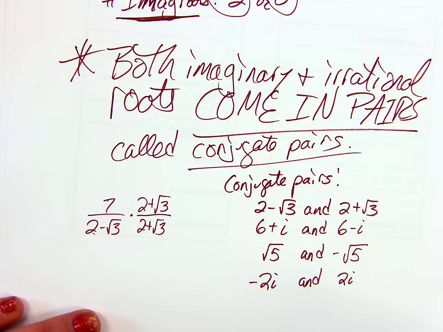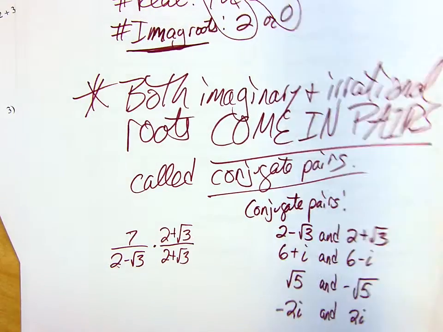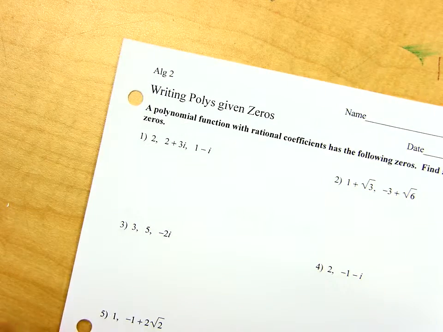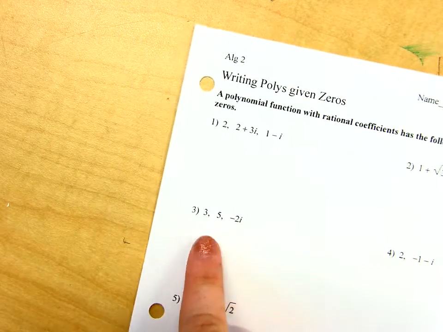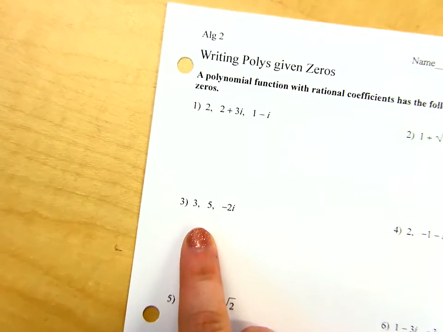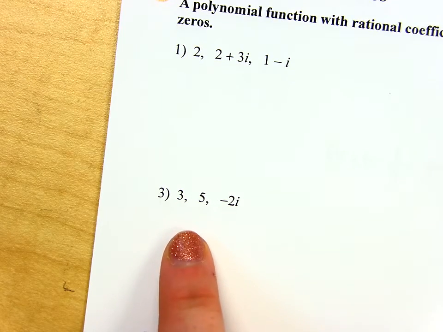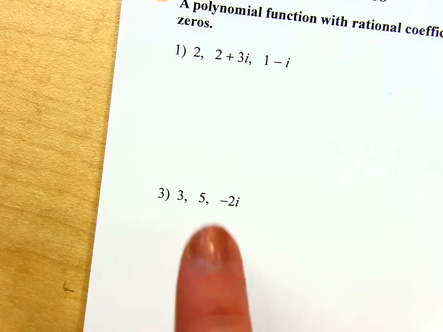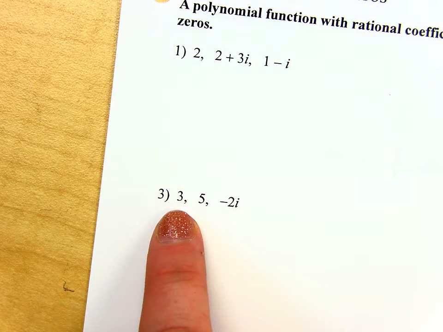Okay. So now that we know that all irrational and imaginary roots come in pairs, here's what's tricky. If you look at this worksheet here, and let's just look at, I don't know, number 3, for example. Here's what they're going to do. They're going to give you the zeros, but they're never going to list the conjugate pair as a 0. That's up to you. So 3 is just a normal number. It doesn't come in a pair. It's just a normal rational number.